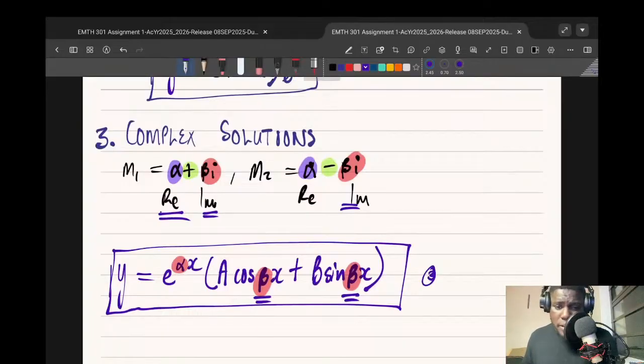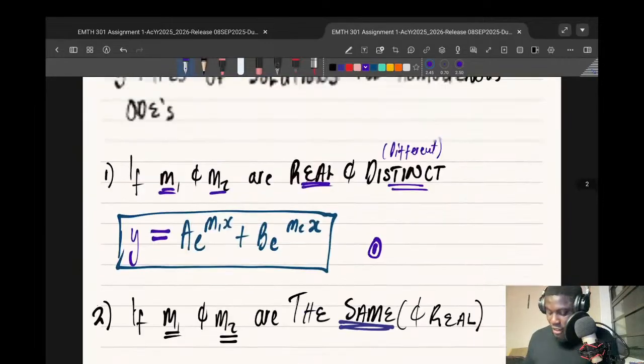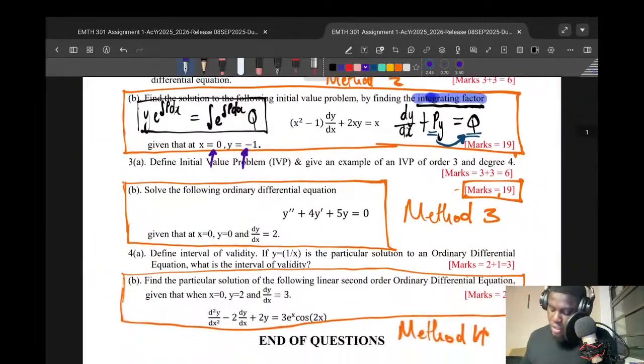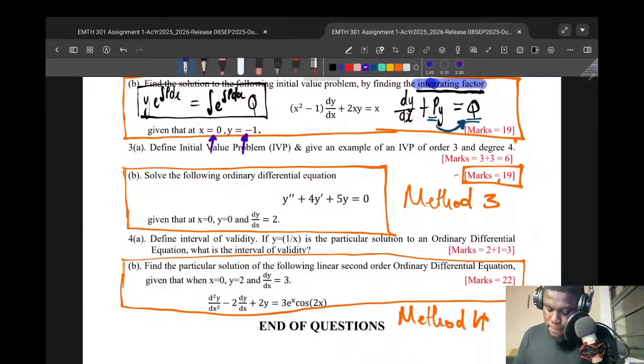You'll be fine. So, let's go ahead and now do the question. You see the second derivative and you see it equal to 0. Remember, they won't tell you what method to use. They did when they were telling us integrating factor and separation of variables, but now they are not.